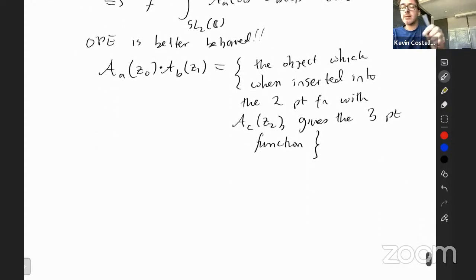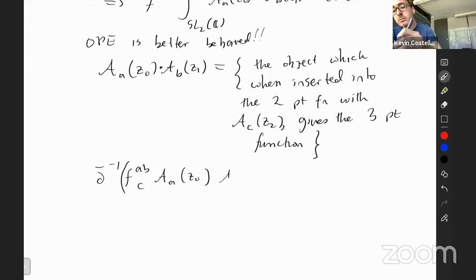So what is that? This is just the definition of the OPE in general. But there's a nice formula for it. The OPE is given by d bar inverse of this expression. This expression is the OPE.